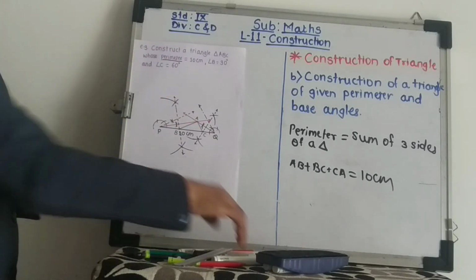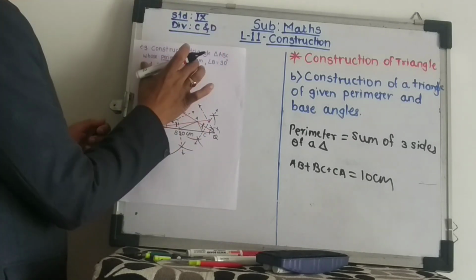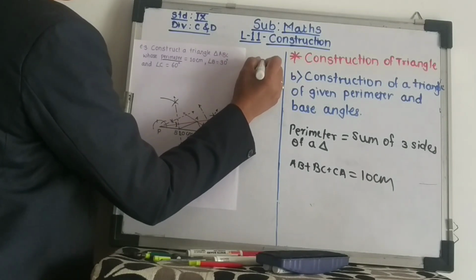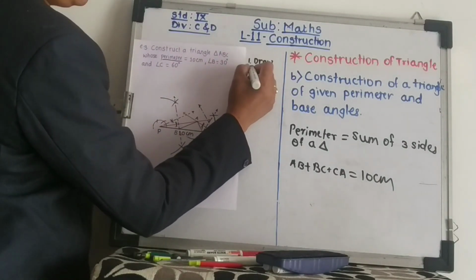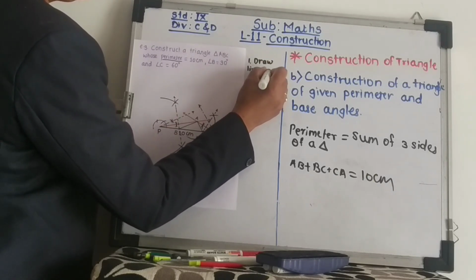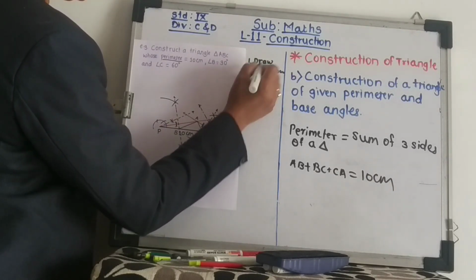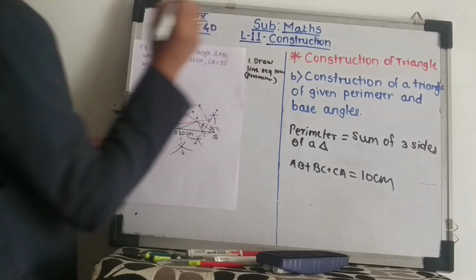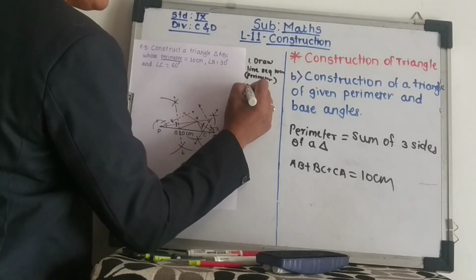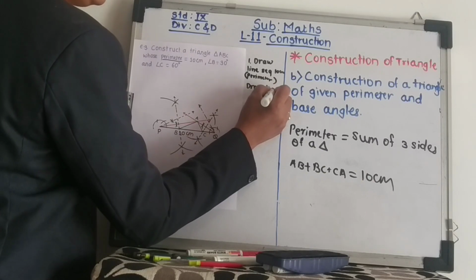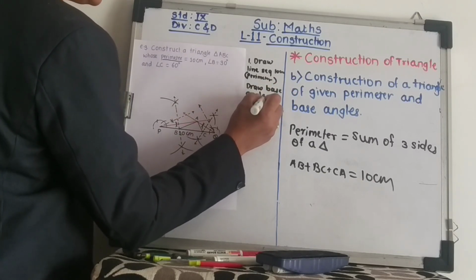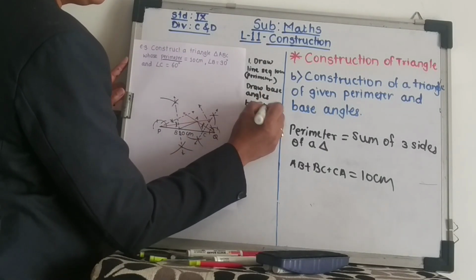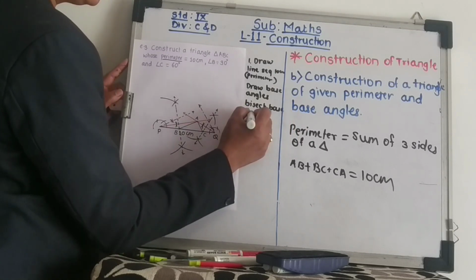So the recipe I'm saying is for the construction of a triangle of a given perimeter. First draw a line segment of 10 centimeter, or whatever the perimeter is. Then draw the base angles. Once drawn, bisect the base angles.